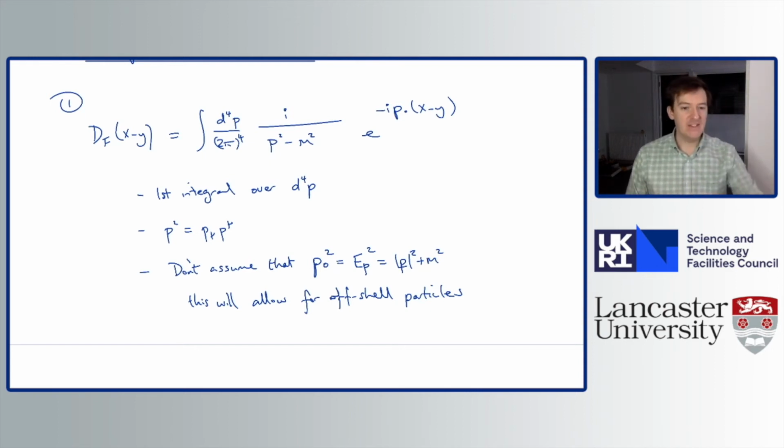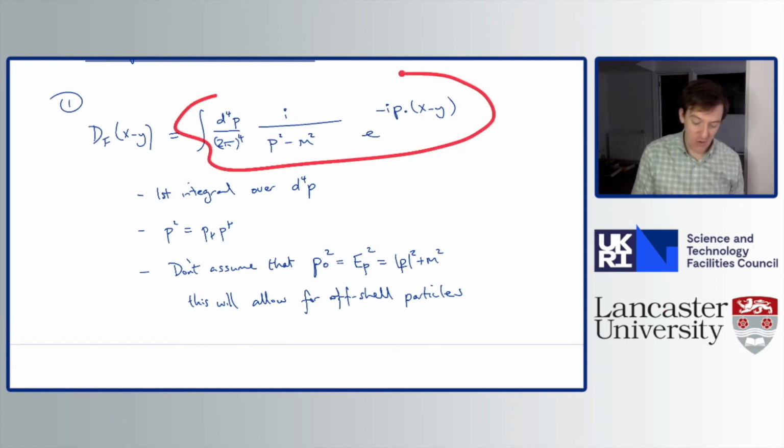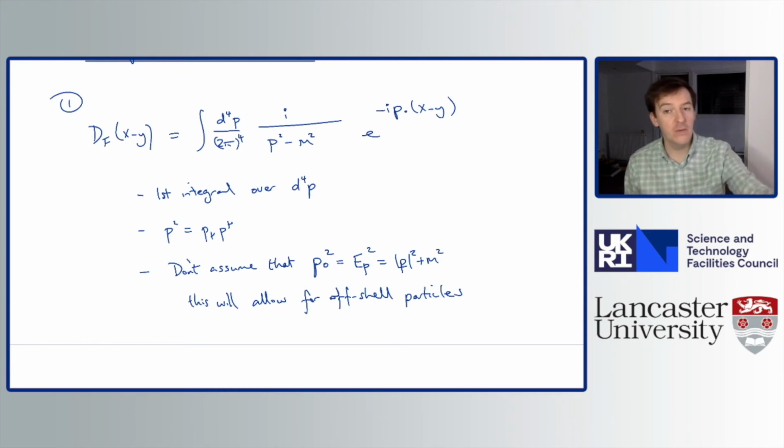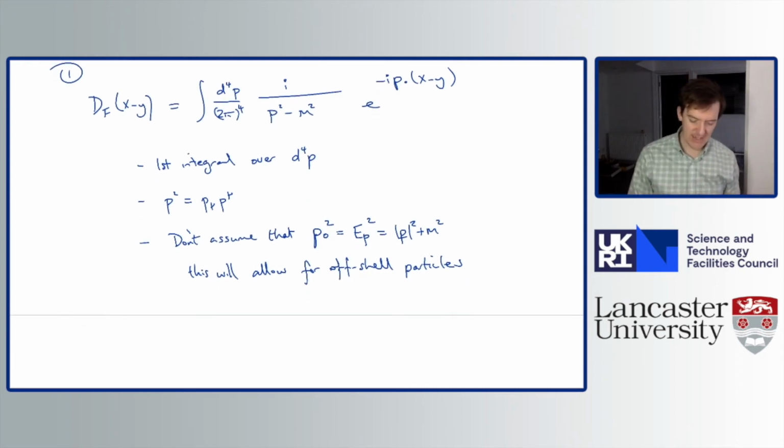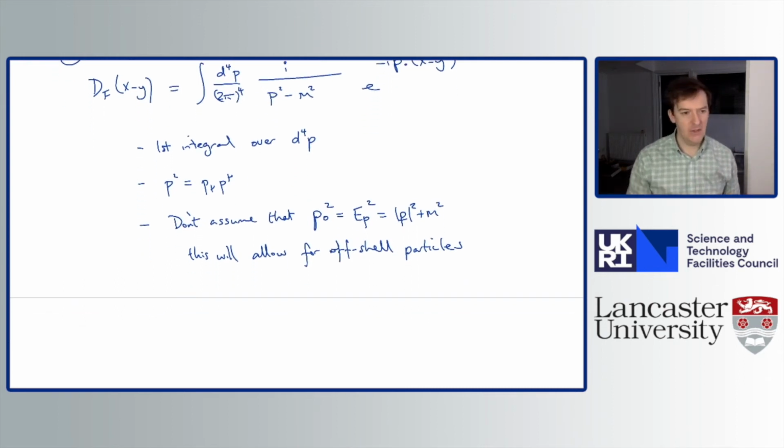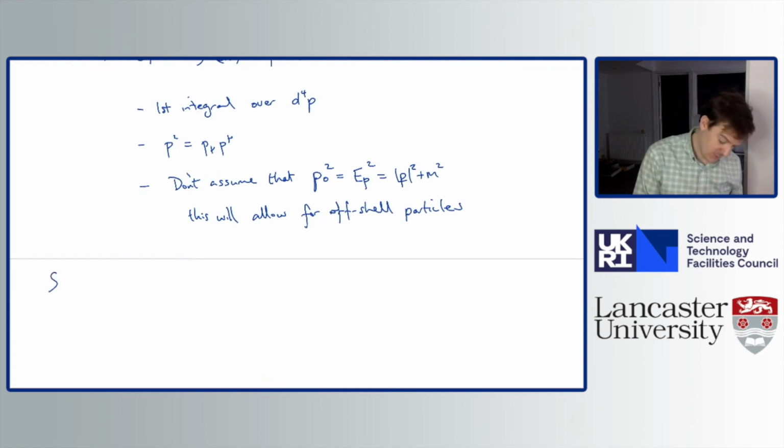For real physical particles, we do know that the energy and the momentum should be linked in this way, but for off-shell particles they do not have to be. What we want to then show is that this form is equivalent to the form that we considered previously. Let me not go through the full calculation, simply because it's rather lengthy and we don't have a huge amount of time, but let me sketch it and give you most of the details so that you can see how it works.